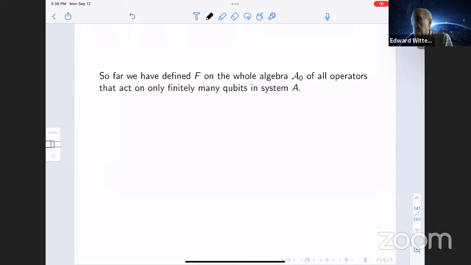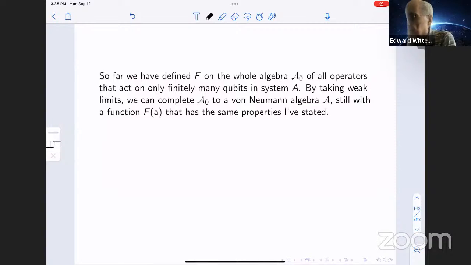So far, we've defined f on the whole algebra A naught of all operators that act on only finitely many qubits of system A. By taking weak limits, you can complete A naught to a von Neumann algebra curly A that now acts on a separable Hilbert space, still with the function f of a with the same properties I've stated.